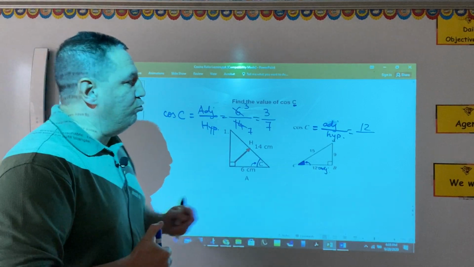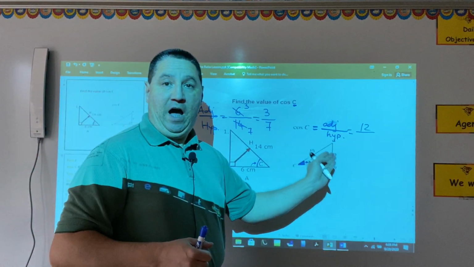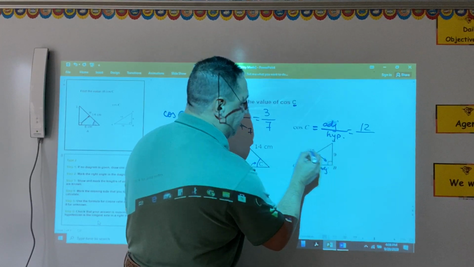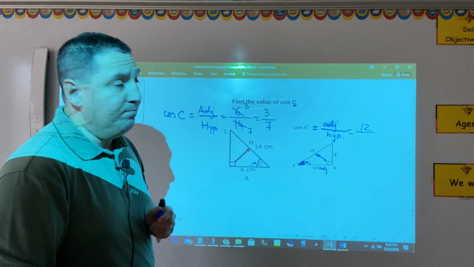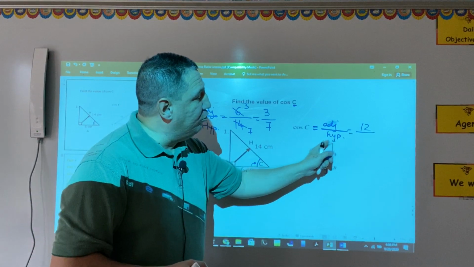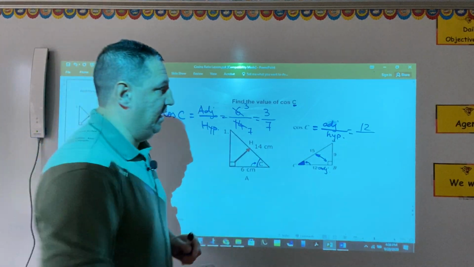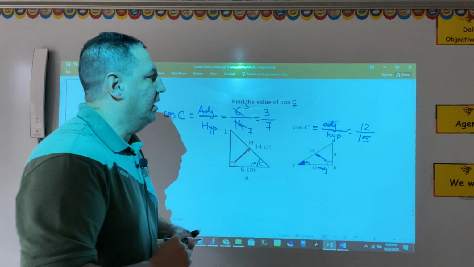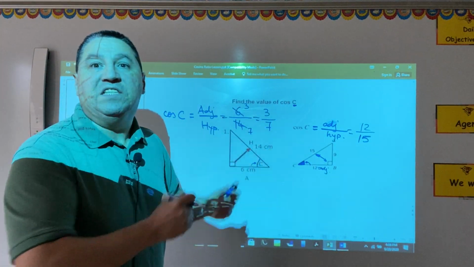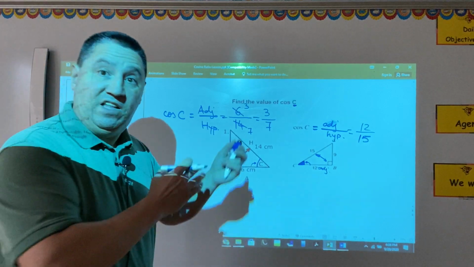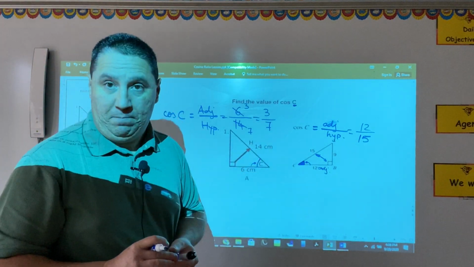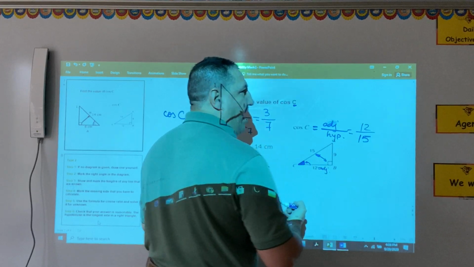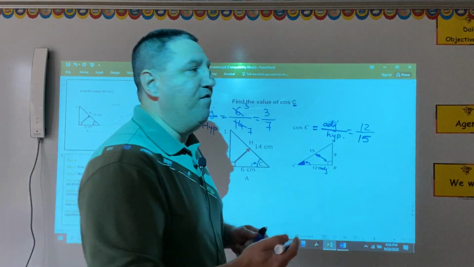And hypotenuse is the side opposite to the right angle, right? Face to face, or across the right angle. So, hypotenuse would be 15. So, 15 goes in the bottom. And then we simplify the fraction. In this case, we can also simplify. Both 12 and 15 have 3 as a common factor.